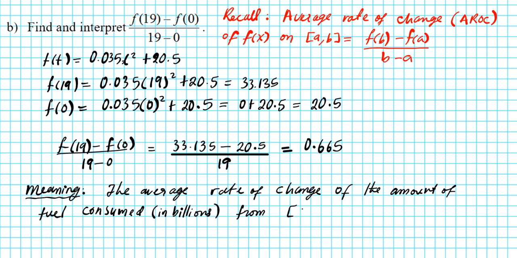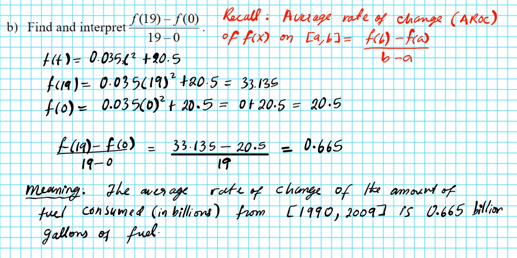So we're going from 1990, counting from 1990, you add 19 to that, so from 1990 to 2009 is 0.665 billion gallons of fuel. Okay, so that's the meaning of the result that we just got.